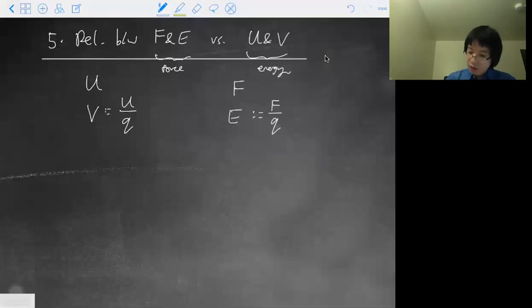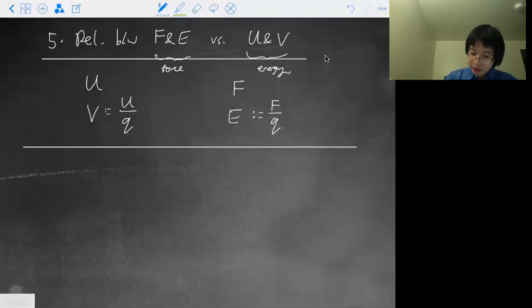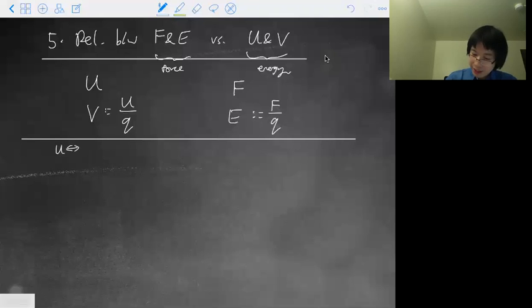So let's look at the actual definition. How do I go from U to F? Well, we already talked about it, let's start with one dimension. U of x, at a point x, is from a reference point x naught to x.